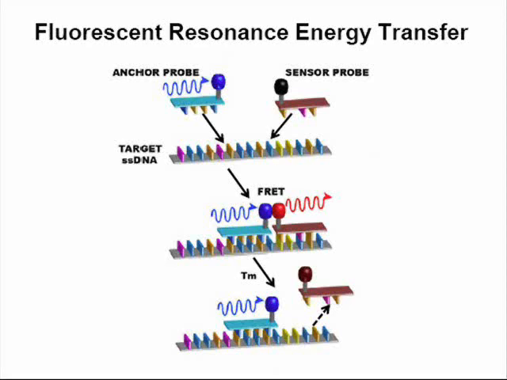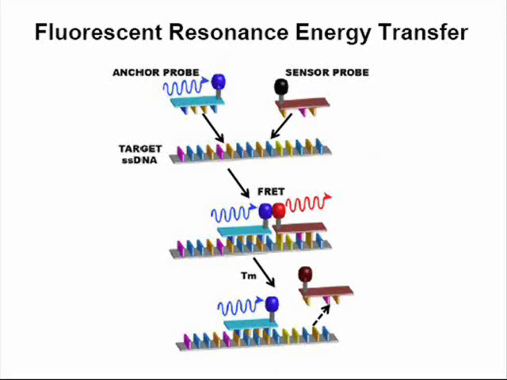It is shown here missing a single nucleotide. Both probes are attached or tethered to a fluorophore. The anchor probe in this case has a fluorophore that is excitable by a blue laser, whereas the sensor probe is not affected by blue light.